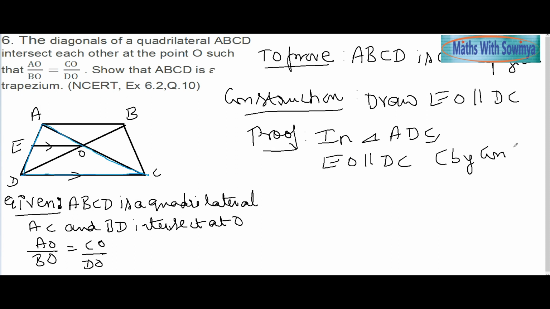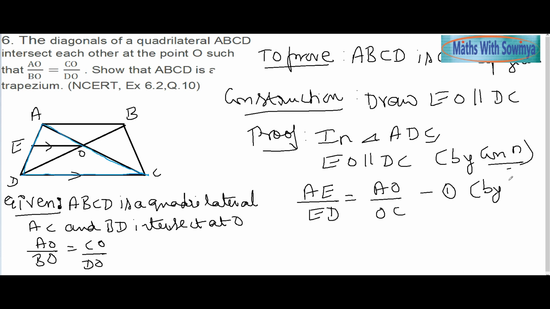Now I can easily go by BPT. I shall say AE by ED is equal to AO by OC, by BPT. But what is given to me? Given is AO by BO is equal to CO by DO.